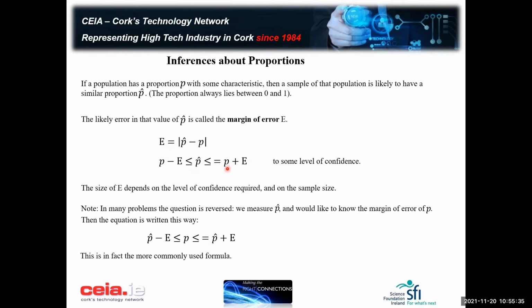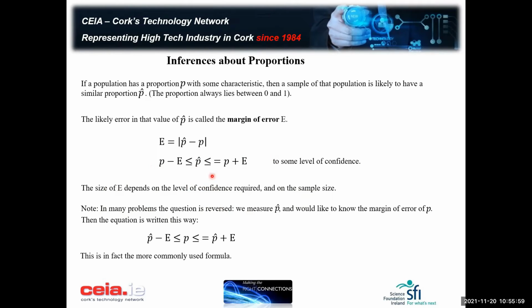When I say true measurement, I mean the measurement of the full population. Now, the size of this margin of error will depend on how confident you want to be that it really lies in this interval, within this margin of error. It also depends on the sample size.